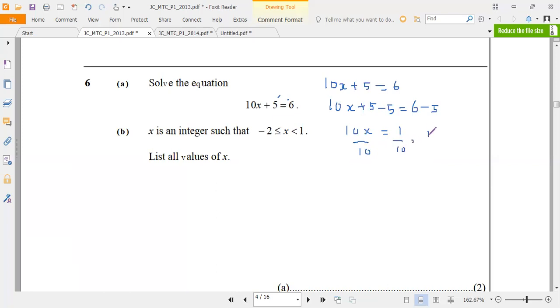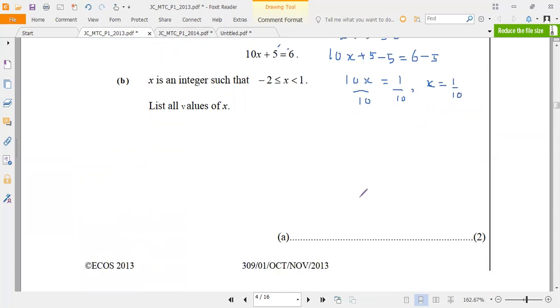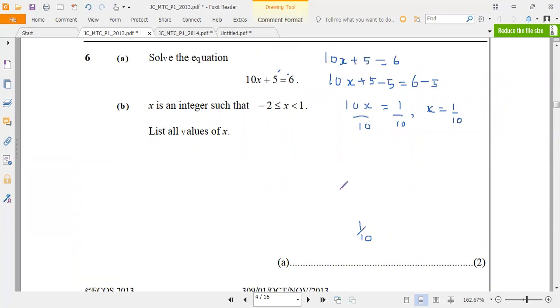Finally, x is equivalent to 1 out of 10. So the value of x is 1 out of 10. Or if you want to write it in decimal form, you get 0.1.